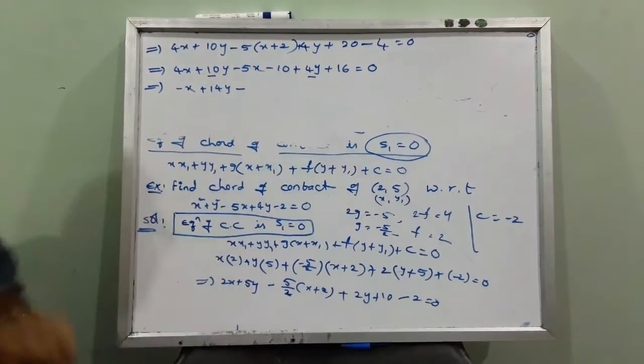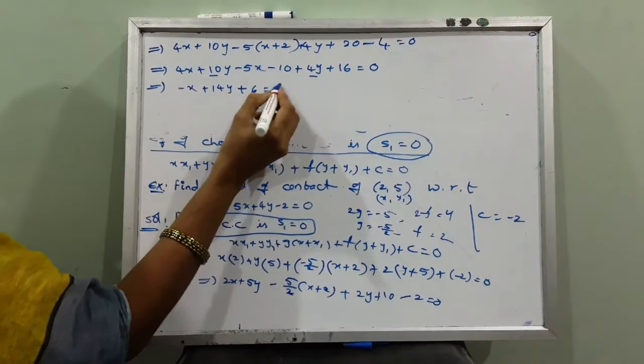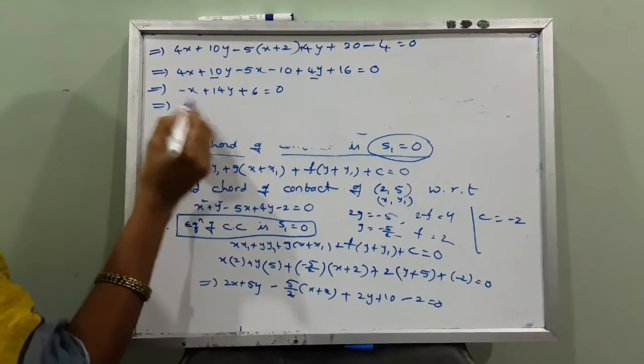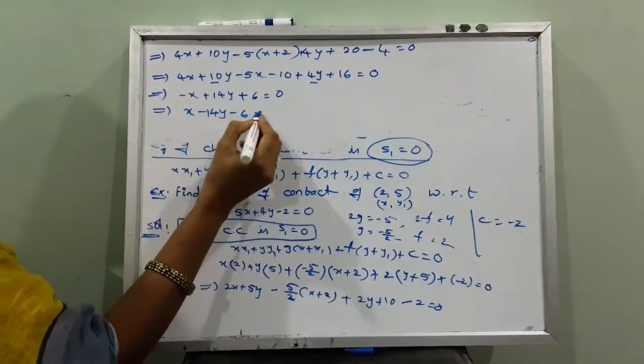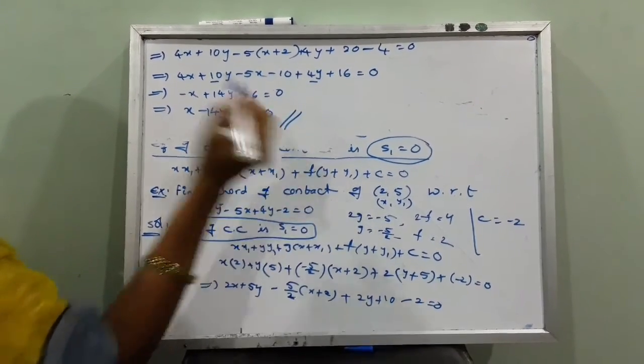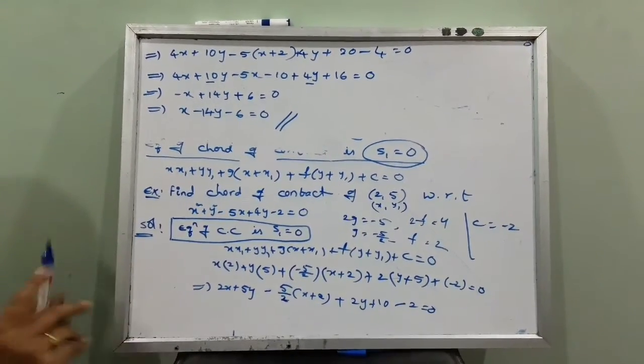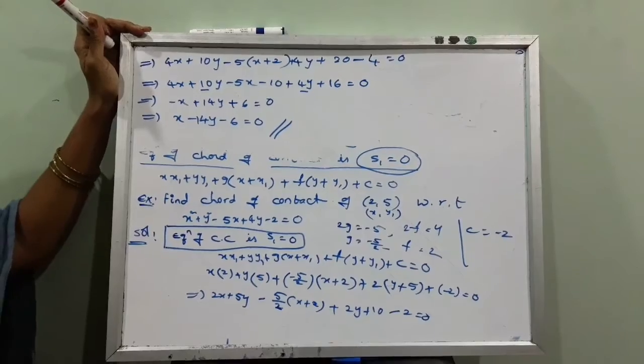Next constants are minus 10 plus 16, plus 6, is equal to 0. So minus x plus 14y plus 6 is equal to 0. This is the equation of chord of contact.